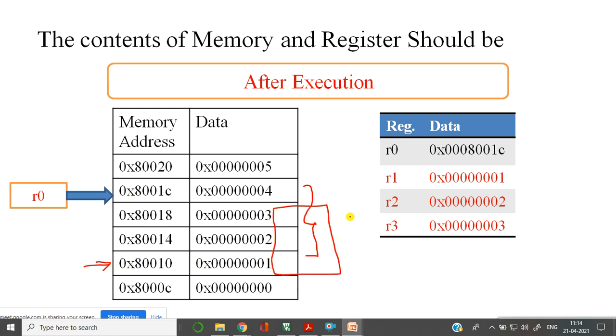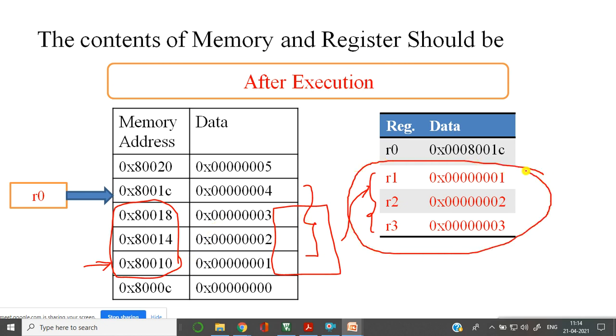These data are getting copied from multiple addresses to multiple registers, and the data is getting updated. The register is now pointing to 8001C.